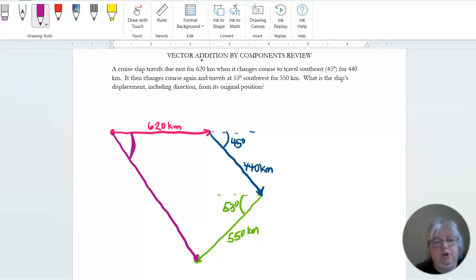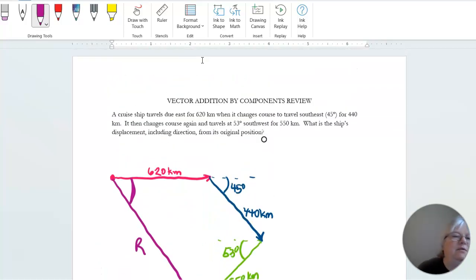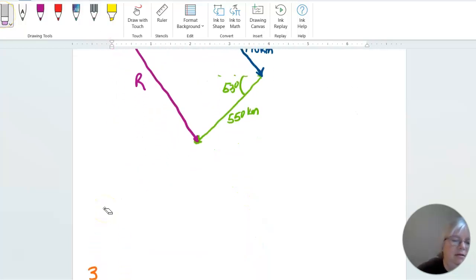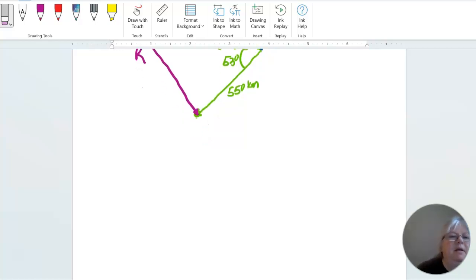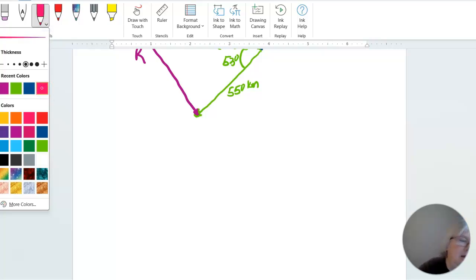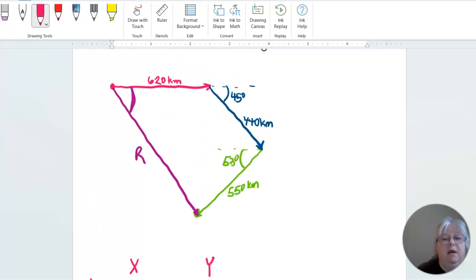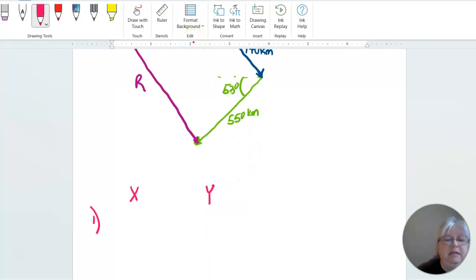To solve this and figure out what this resultant is, I want to make a little chart for myself. Vector 1 only went in the x direction. It only traveled to the east, which is what my positive x direction is.